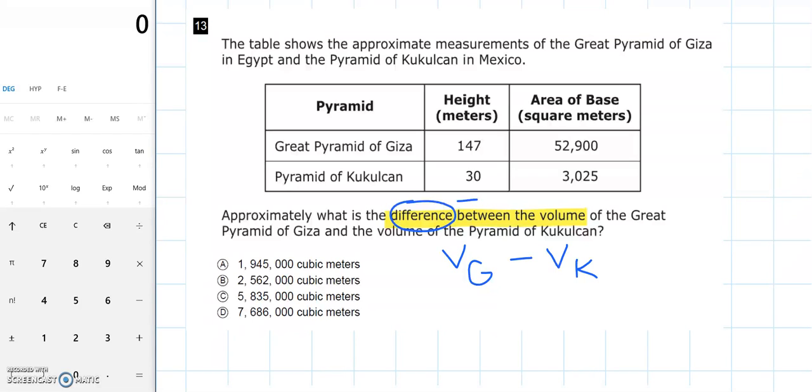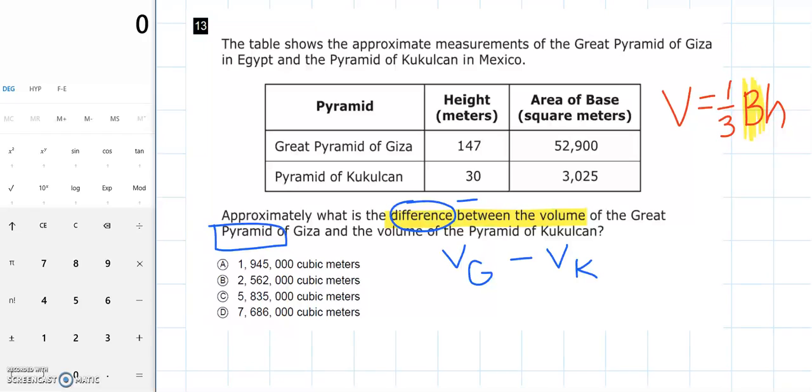All right, so since these are both pyramids, they have the same volume formula. Any pyramid, anything with a big point up top, an apex, like a cone or a pyramid, has the same volume formula. Let's take a look at our volume formula. Volume equals 1/3 big B H. Now that big B, I keep stressing it, it's not a number.